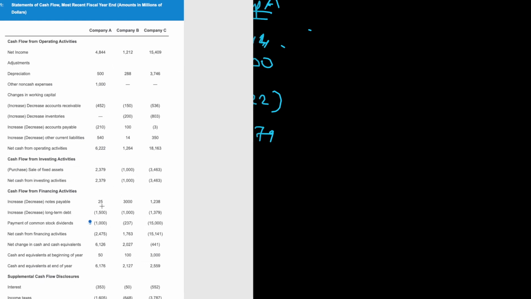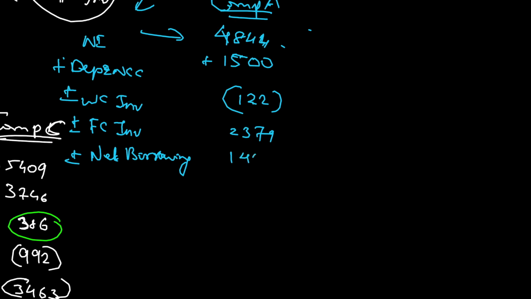So net is 25 minus 1500 comes to 1475 minus, because 1500 bigger number is in minus sign. So 1475 I will take in minus. So if I calculate all this, it will come to 7126.